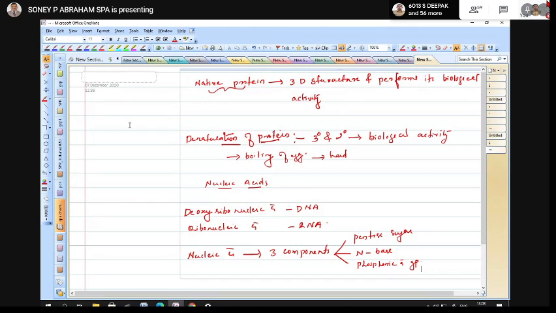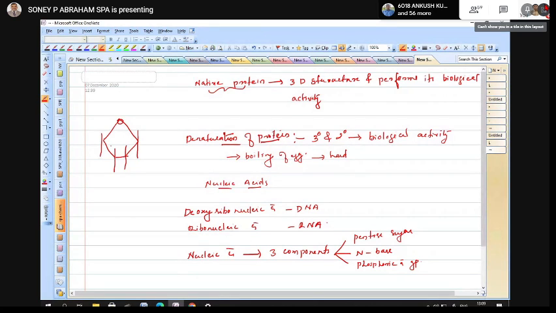If I am talking about ribose, it will have a 5-membered ring. In that, one position will be occupied by oxygen and the other 4 positions will be carbon atoms. You have this structure for ribose, with CH2OH.